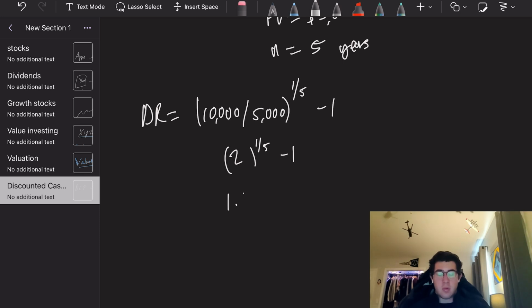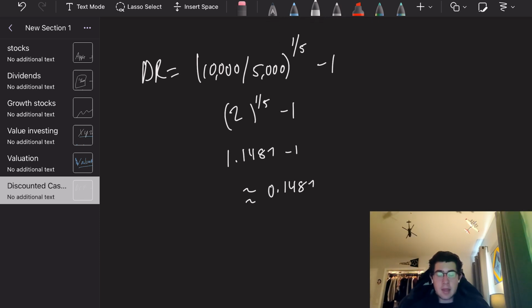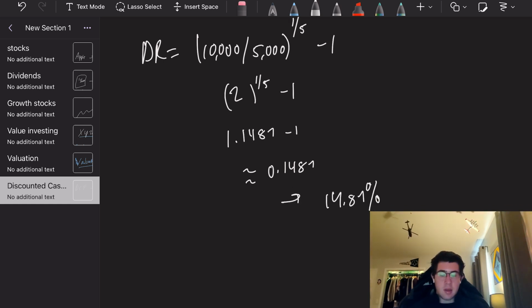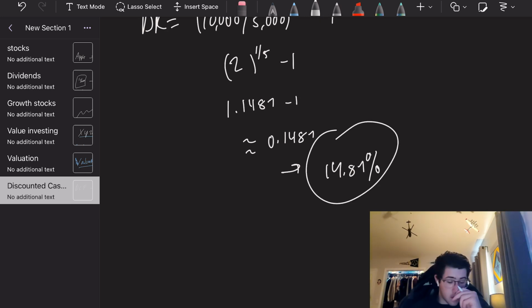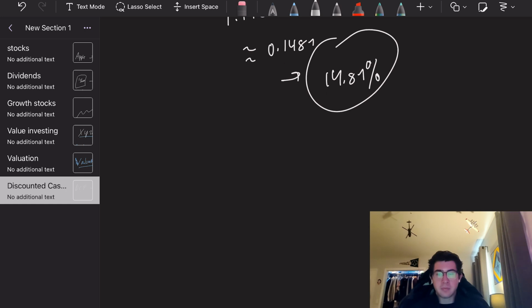That's roughly going to be 1.1487 minus 1, and then the discount rate right here will be 14.87%. In a real world example, it probably won't be this big, but I just want to give you guys an example.